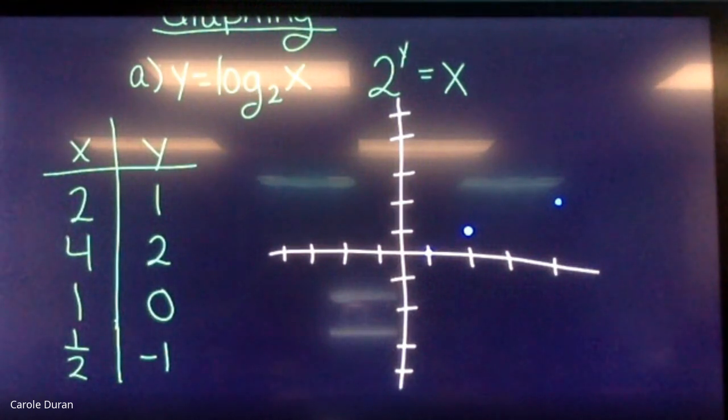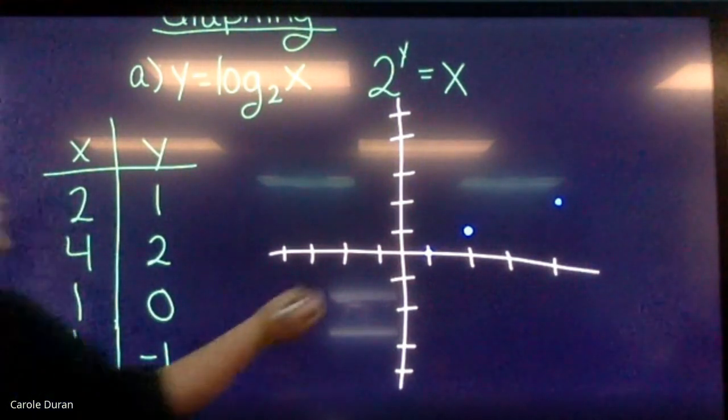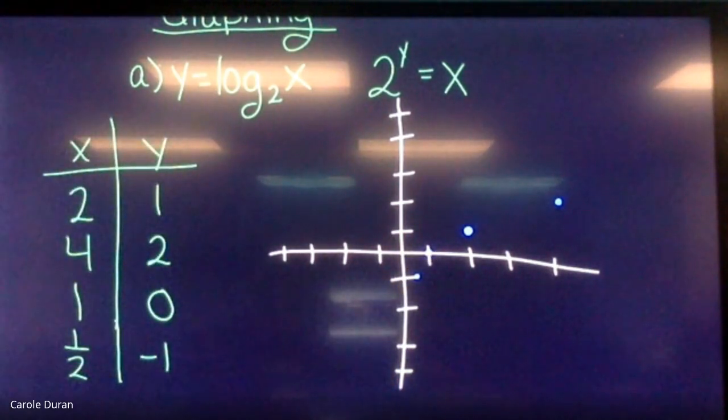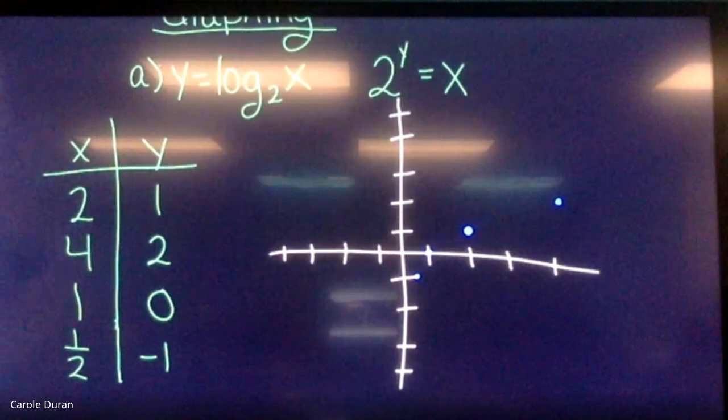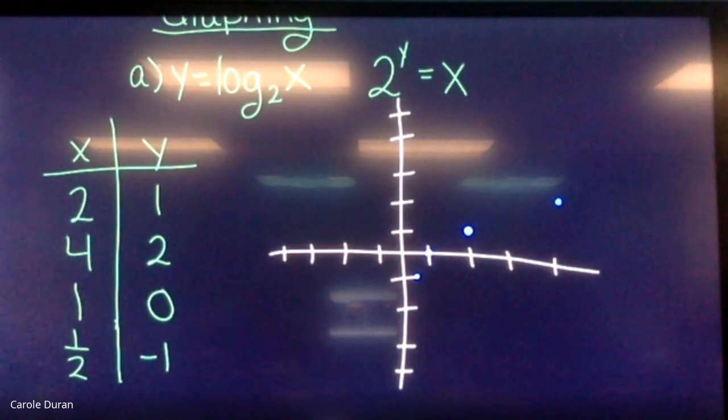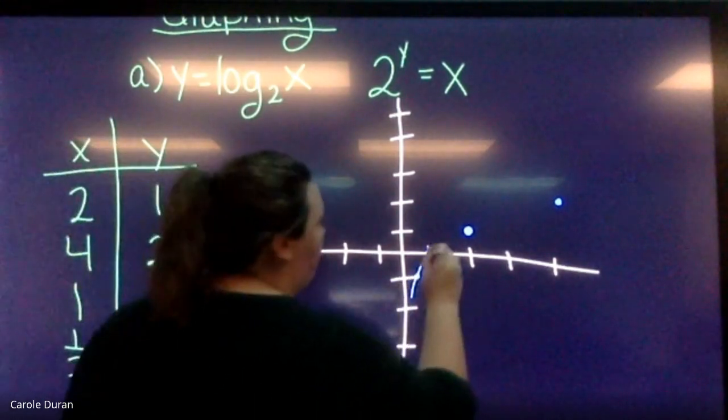And my fourth point was (1/2, -1). So as I'm looking at this, is my graph curving up from the bottom or down from the top? What does it look like here? Up from the bottom. I can clearly see that this is growing.